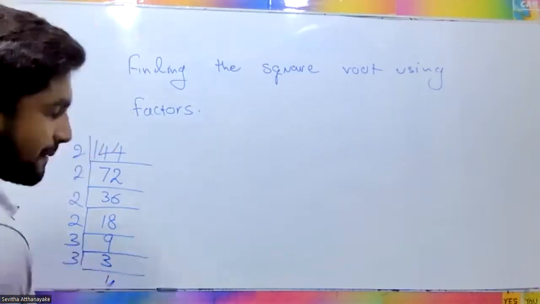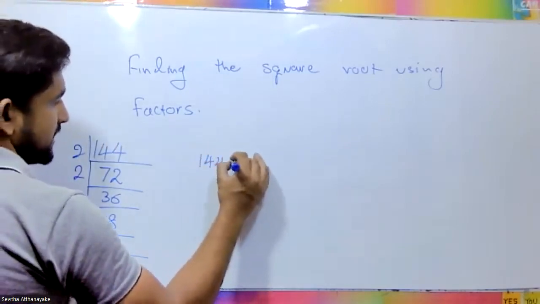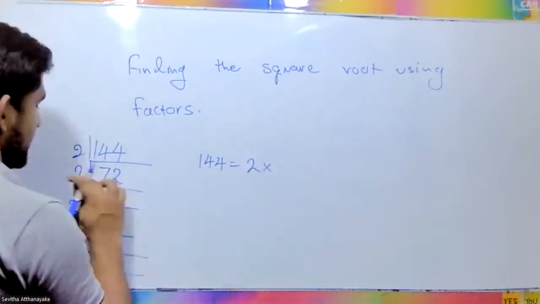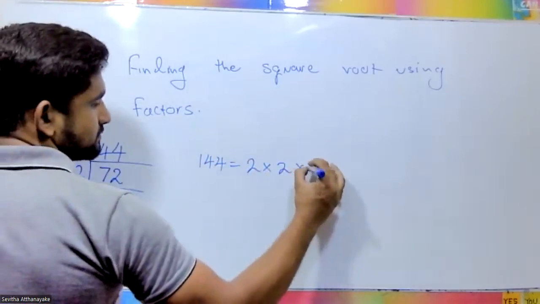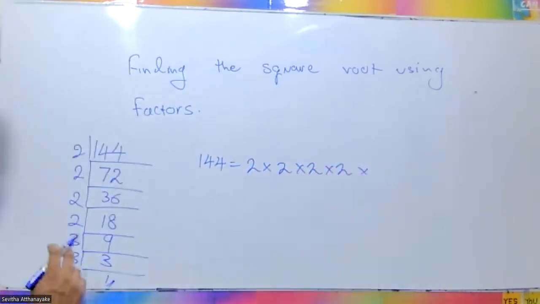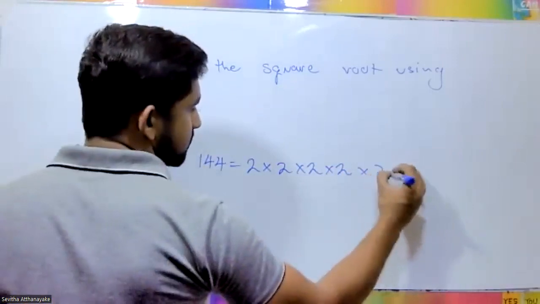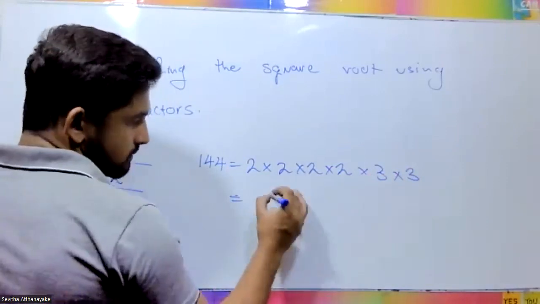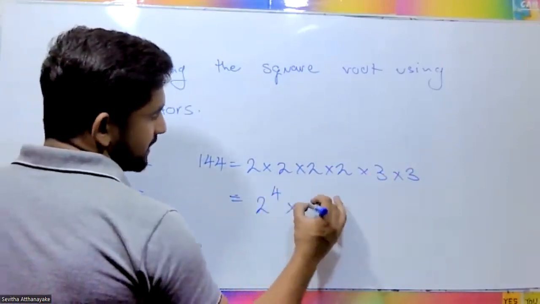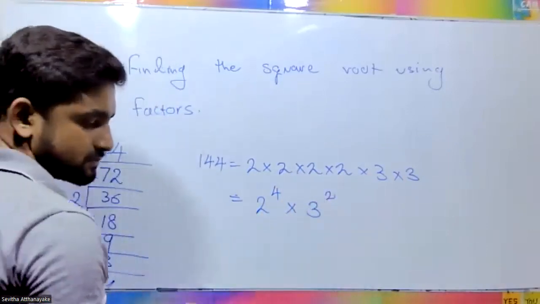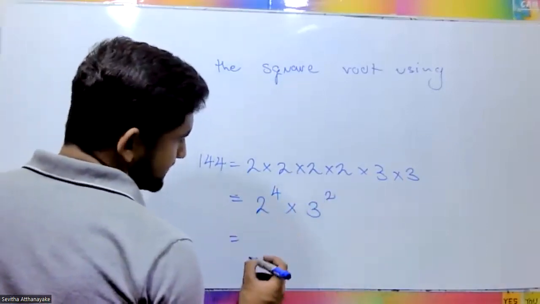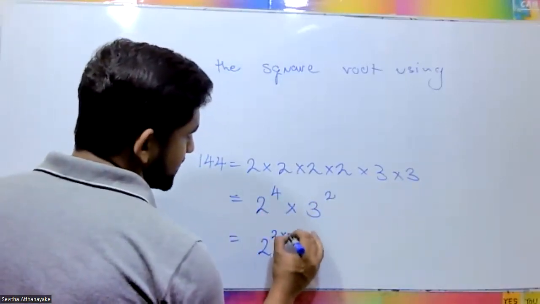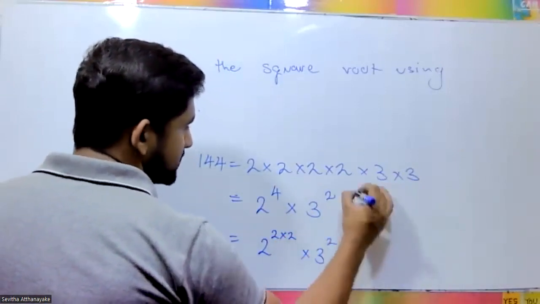එතකොට අපිට මේ 144 ලියන්න පුළුවන් 2 times 2 times 2 times 2, දෙකේව 1 2 3 4, multiplied by 3 times 3. 2 to the power 4 multiplied by 3 to the power 2. ඊට පස්සේ then මේක මට ලියන්න බලන්න 2 to the power 2 multiplied by 2 multiplied by 3 to the power 2.